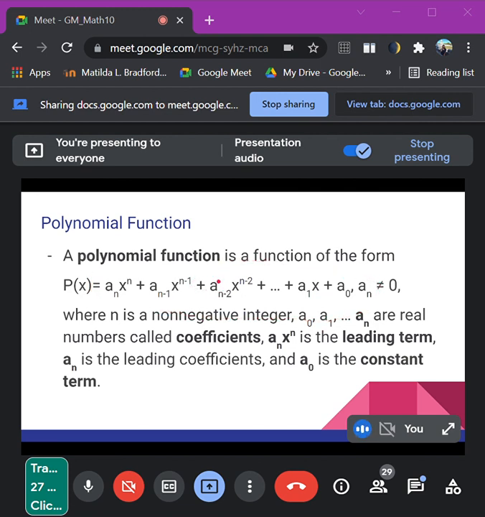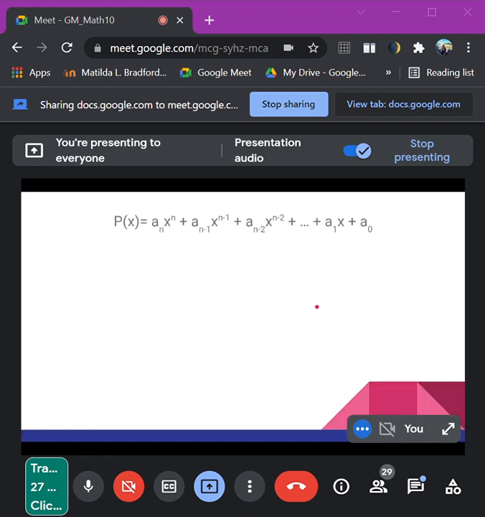If you can see, class, what changed from the polynomial equation is that the polynomial equation is equal to 0. Well, here we are using p of x. Now, again, the polynomial function has other notations.